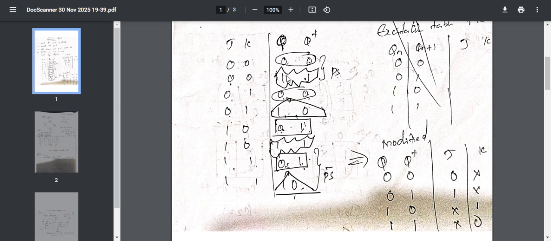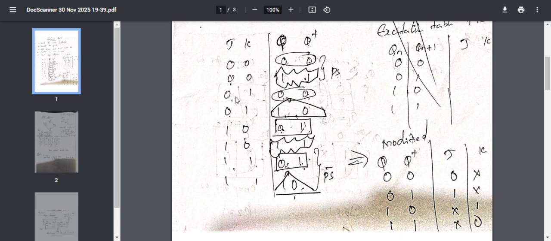Seeing the right side of that, when the input is 0 0, output JK is 0 0 here, and 0 1 here. So only one state is changing.